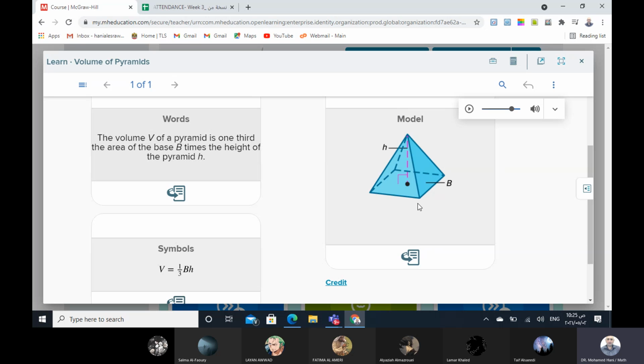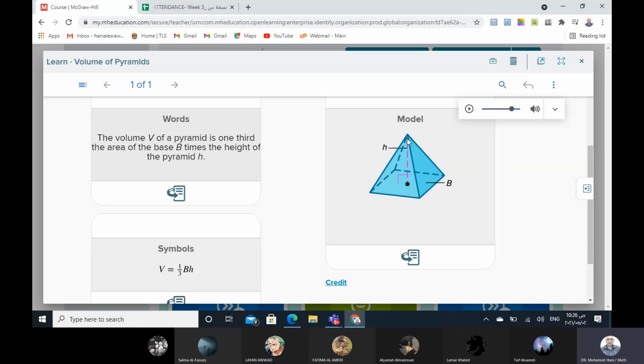This is the pyramid. As you see here in the bottom, we have the base of the pyramid. In the pyramid, we just have one base, but in the prism, we have two bases. The type of this base is a rectangle.